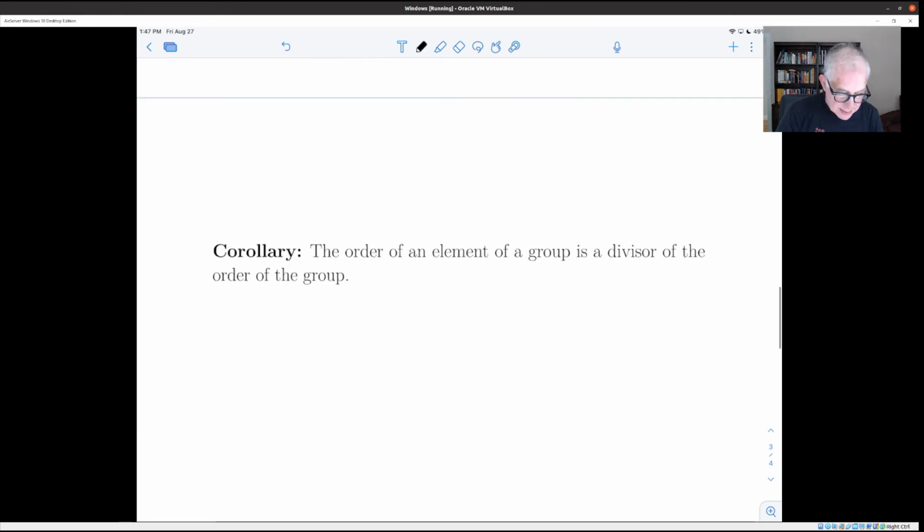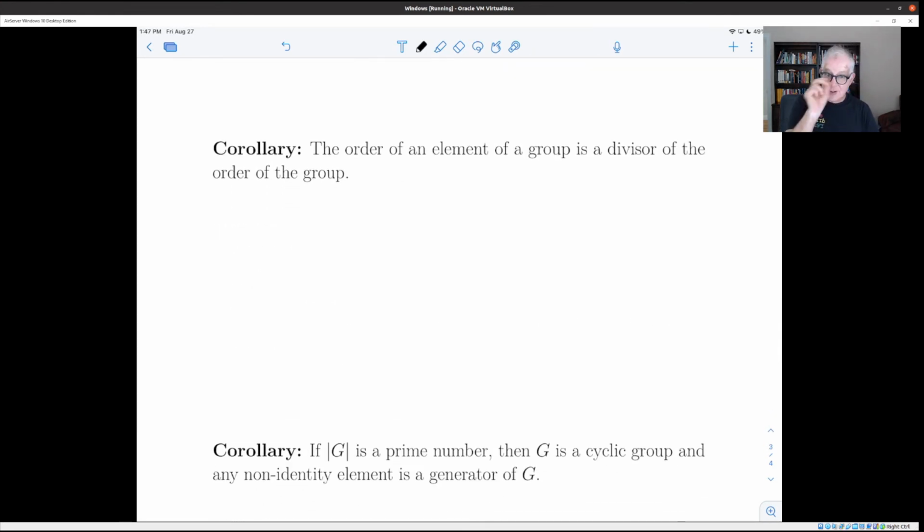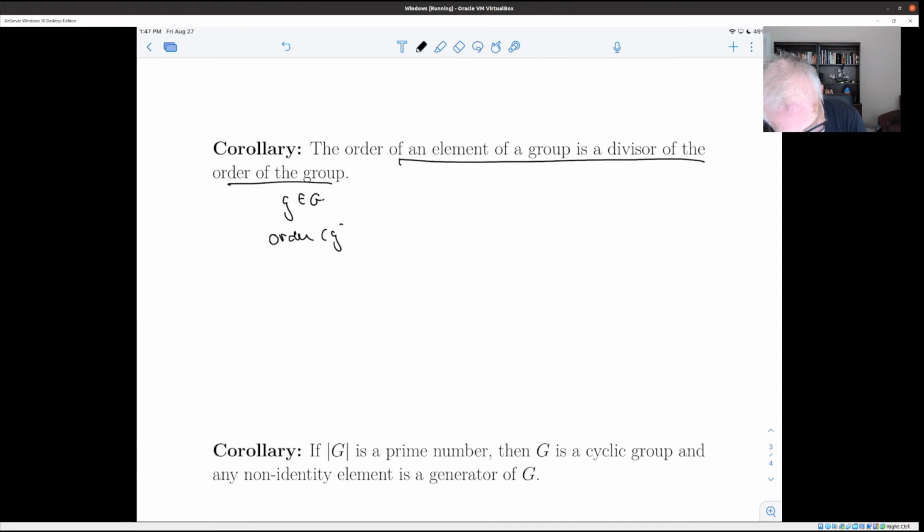A couple of corollaries. The first is that the order of an element of a group is a divisor of the order of the group. That's because if g is an element of a group, the order of g is by definition the number of elements in the cyclic subgroup generated by g. And the number of elements in the cyclic subgroup generated by g divides the order of G by Lagrange's theorem.